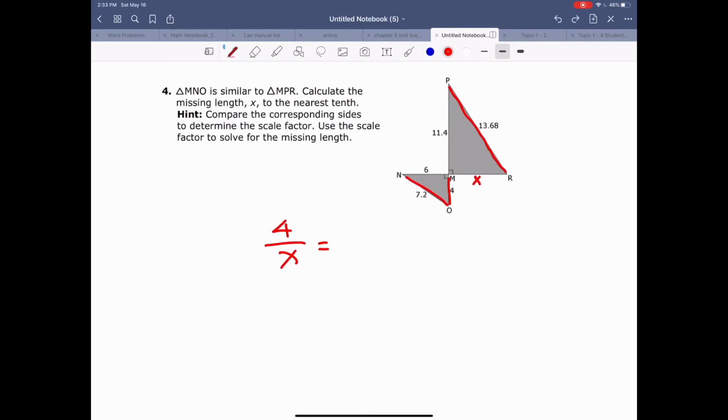You have 4, the smaller triangle, on top, and then the big one on top. So the corresponding side of 7.2 would be that. So the ratios are the same. Can you choose these two sides? Yes, of course. The ratio is going to be the same.